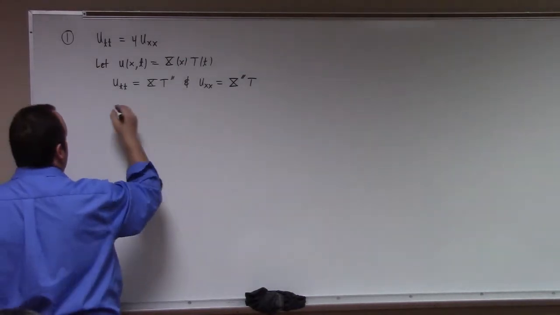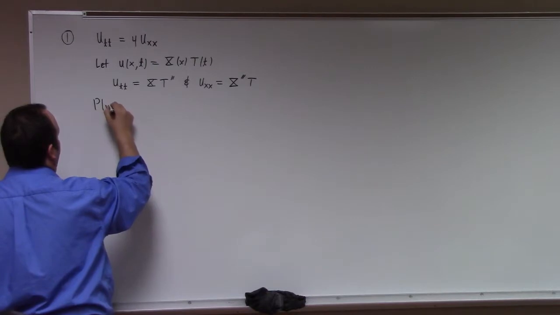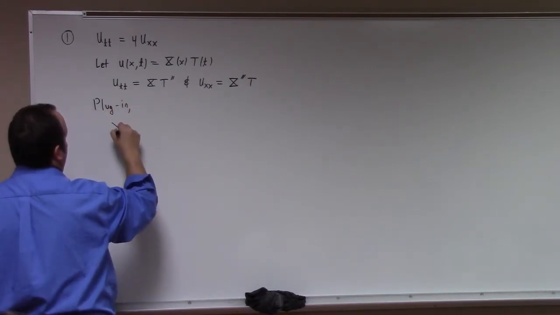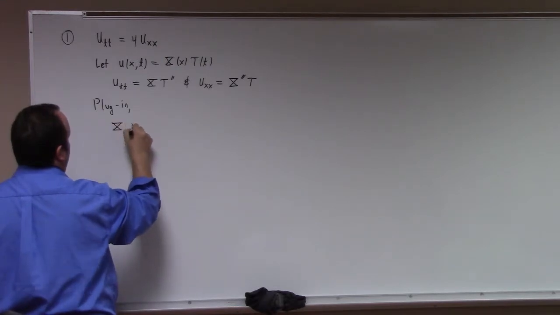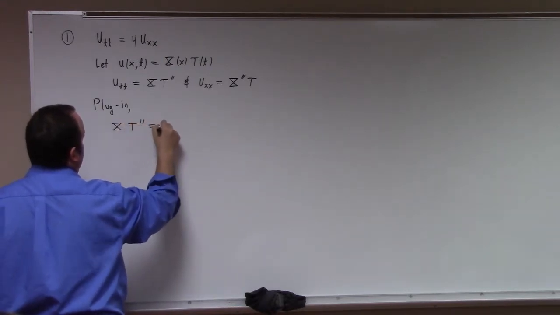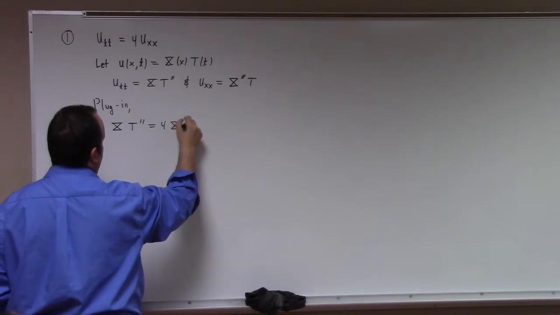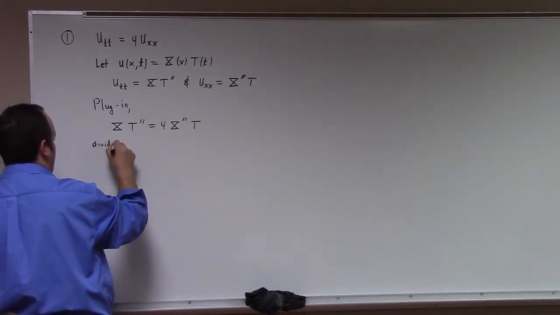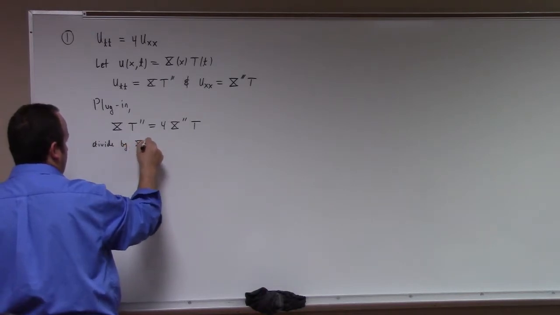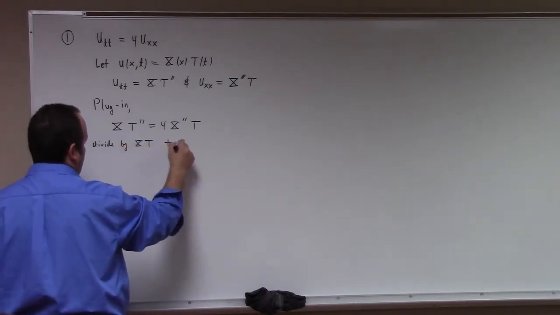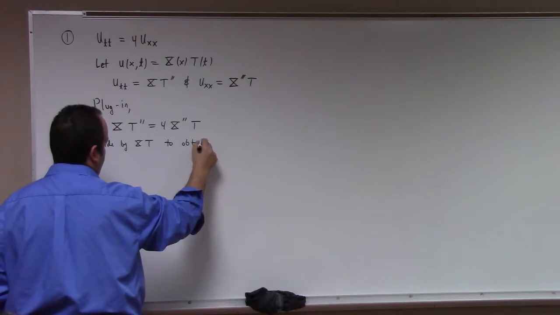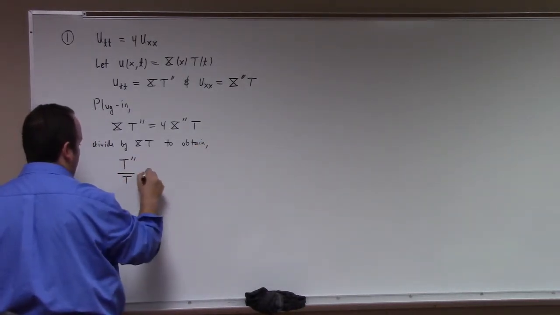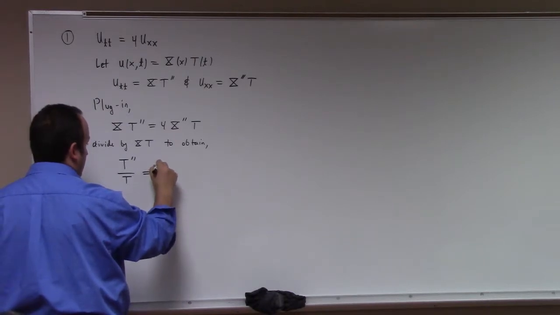So then we plug those in. That gives us X T'' = 4 X'' T, then divide by XT to obtain T''/T = 4 X''/X.